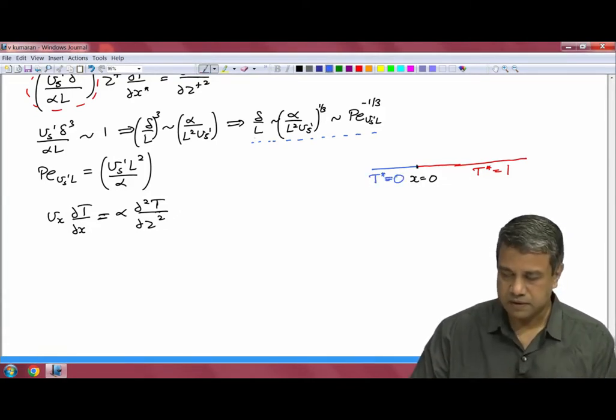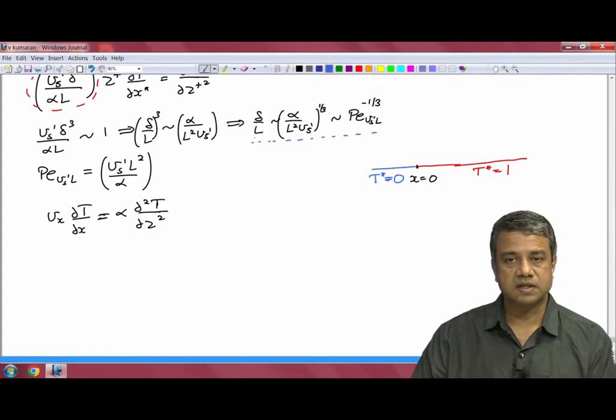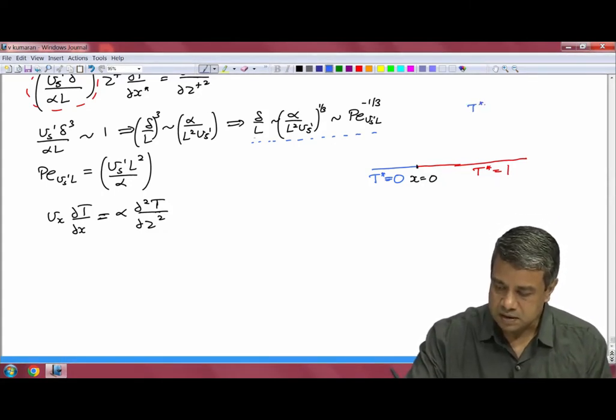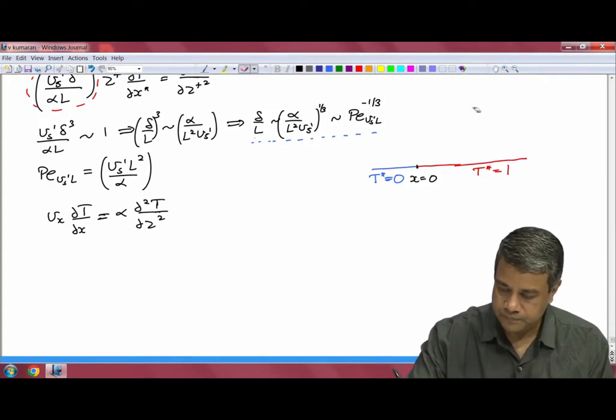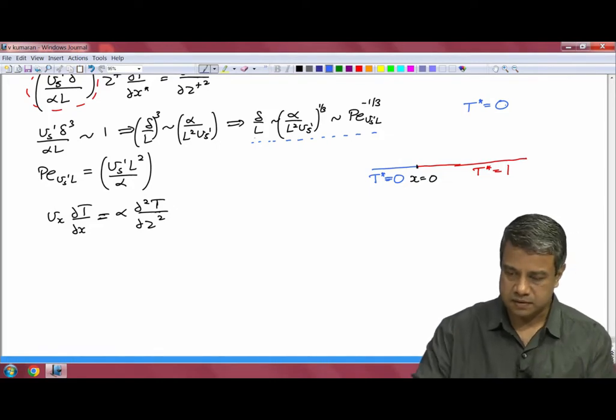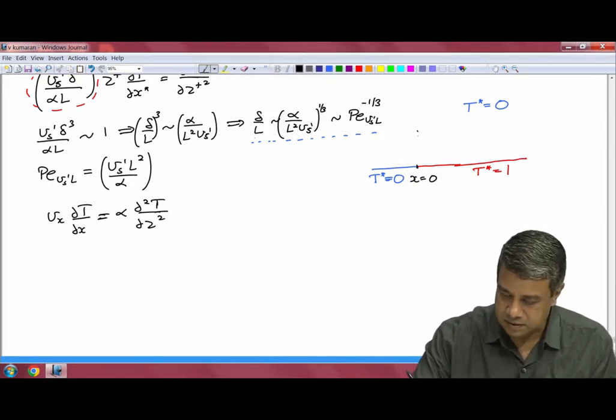I am assuming that I have already scaled my temperature, because it is a constant factor when you scale the temperature. This is the start of the heating section.